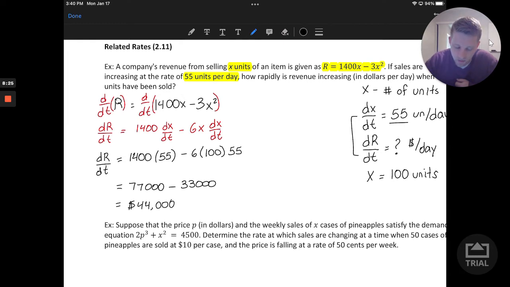And again, this is in dollars per day for that dr/dt. So dr/dt, the rate of change of the revenue over time, is going to be an increase of $44,000 per day. At this moment in time, when our unit production is increasing at 55 units per day, and x, the units produced and sold, is currently at 100.